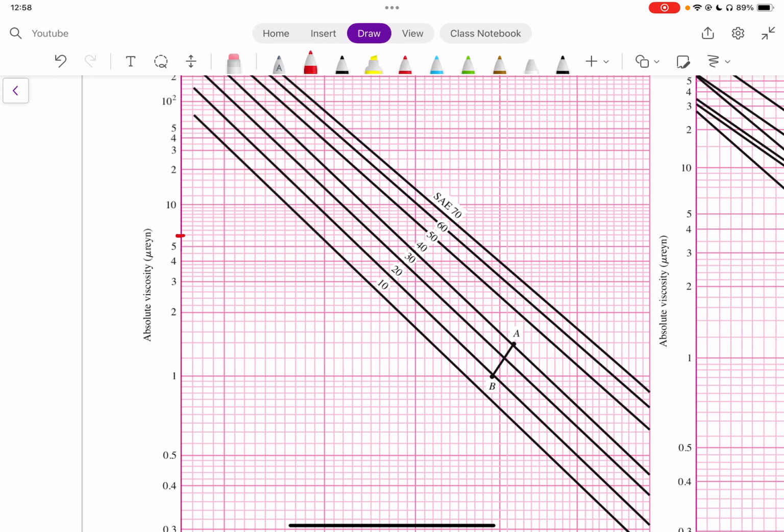So this is 6, 7, 8.5. So it's going to be this line right here, okay? And we're going to go across up to 100. So this value would be right on the SAE 20 line. So that means that the SAE 20 would be most appropriate.